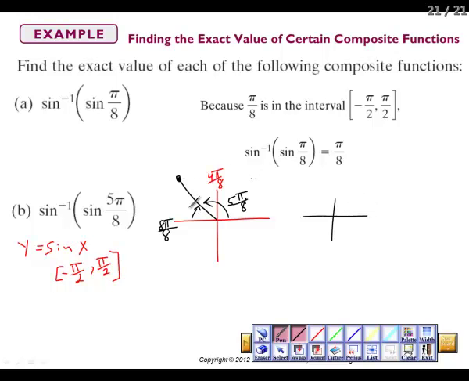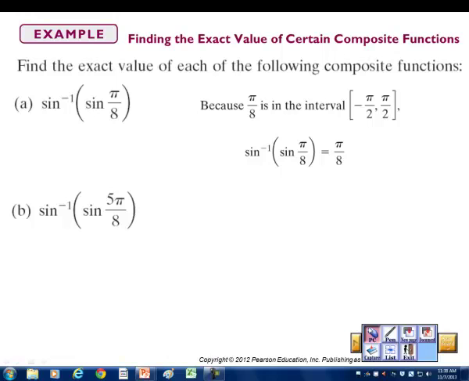So if we can find this angle here, then we can say that's the same value as if the angle is over here. So we take 8 pi over 8 minus 5 pi over 8, and we get 3 pi over 8. So that would be the same thing as if we were to say this angle here was 3 pi over 8. And so that's what they did here.